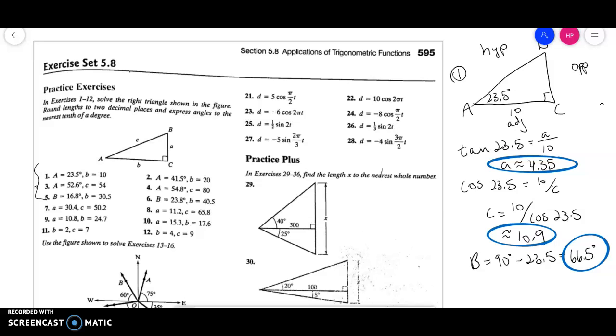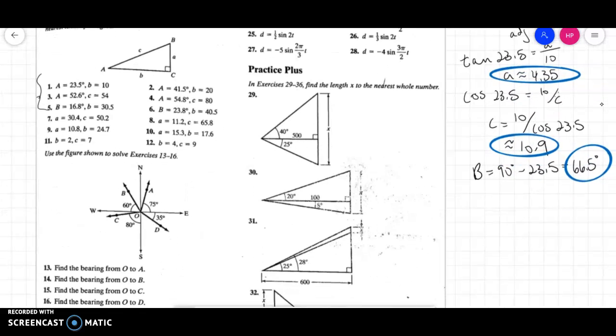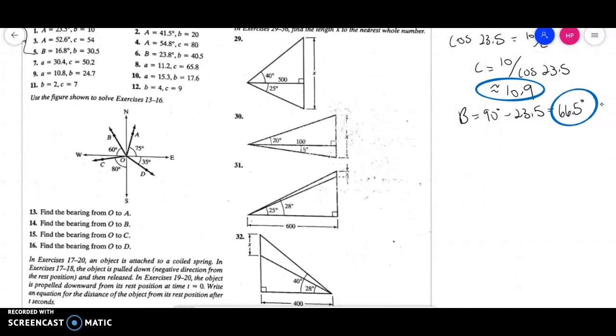If you look at something like 7 through 12, I now have these triangles where I have 2 of my 3 sides. I'm missing a side. And so side a for number 7 is 30.4, and side c is 50.2.